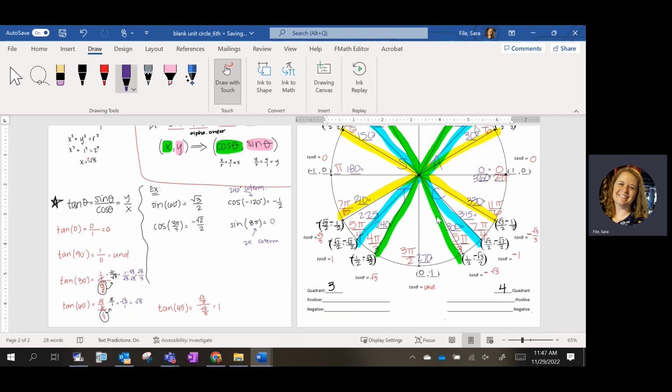All right, quadrant 3. Both sine and cosine were negative, which meant they're the same. So when you divide them, you get a positive. So tangent's positive, which means cotangent's positive. But sine and cosine's reciprocals would be negative.